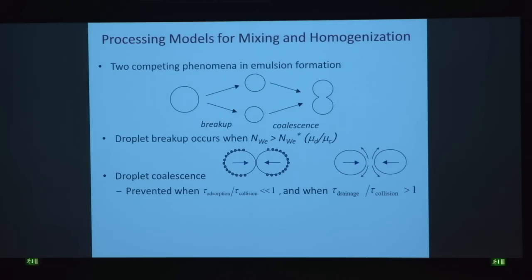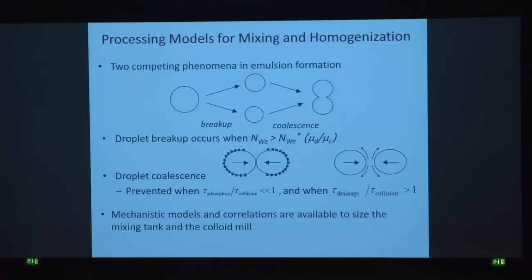In such equipment pieces, we are talking about the competition between breakage and coalescence. So we have included all the mechanistic models and use them to design the mixing tank and the colloid mill.